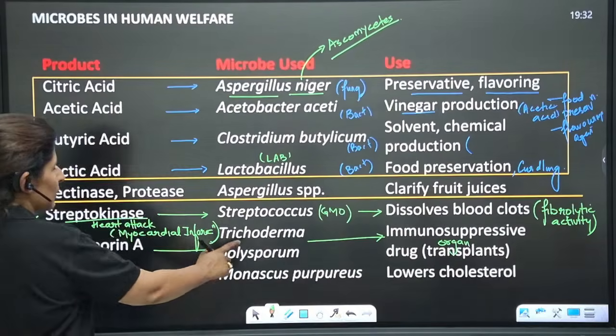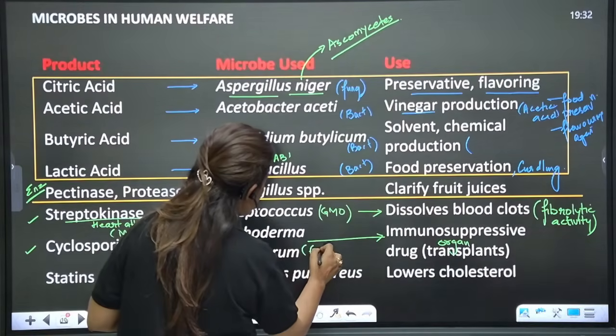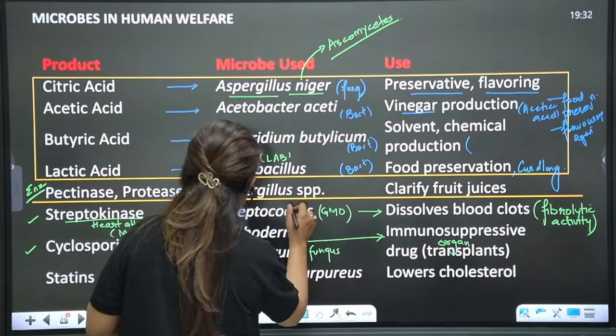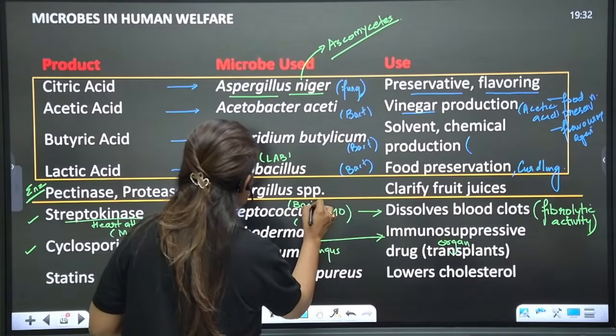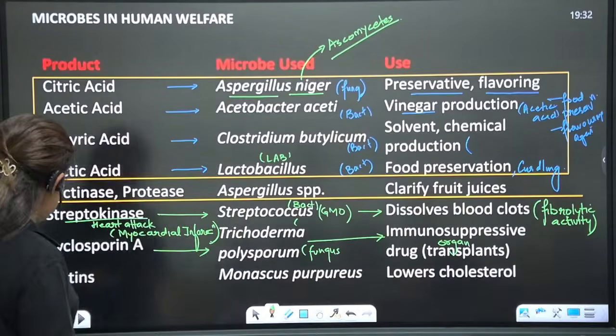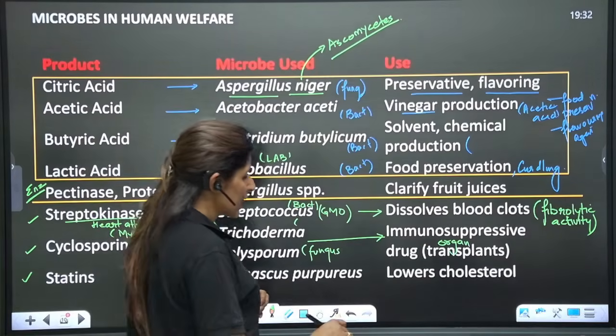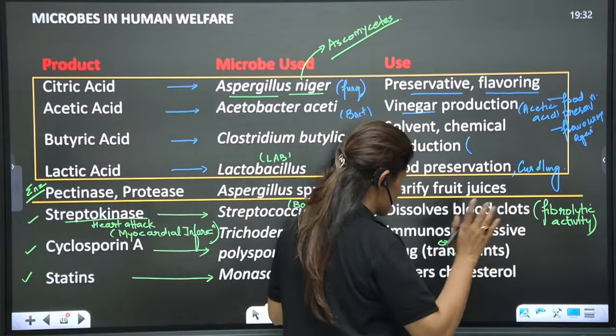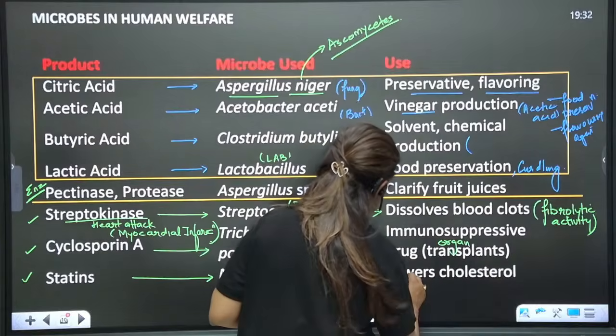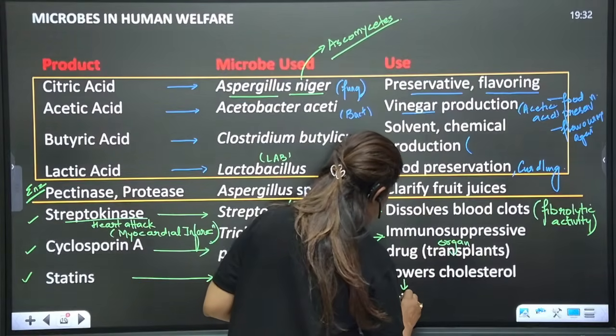So Trichoderma, which is a fungus, by the way, produces it. Streptococcus is a bacteria. Is that clear? Now, statins are produced by Monascus purpureus, and it is a cholesterol lowering agent. It lowers the cholesterol, so it is given to high blood pressure patients.